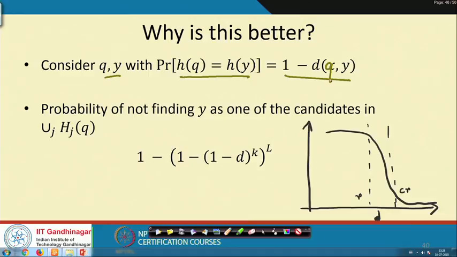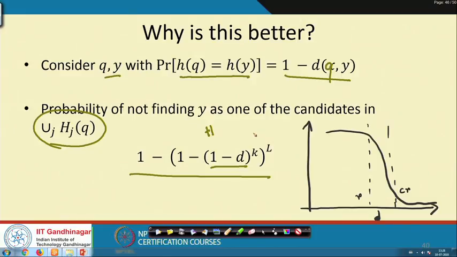Then the probability of finding y as one of the candidates is this expression, and let us analyze this. So, this is the probability that capital H of q equals capital H of y. This is the probability that it is 1 minus d to the k. So, then 1 minus that is the probability that capital H of q is not equal to capital H of y.